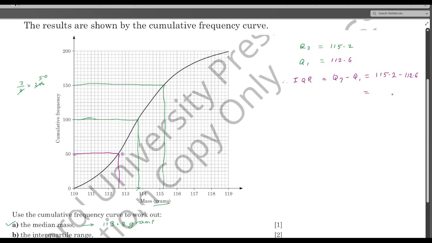The result is 12 minus 6 is 6, 4 minus 2 is 2, and then 1 minus 1 is 0, 1 minus 1 is 0. So 2.6 is your interquartile range. It is in grams, so 2.6 grams.